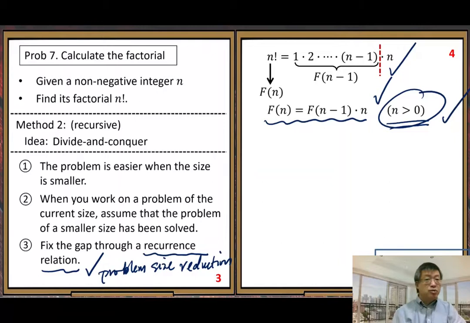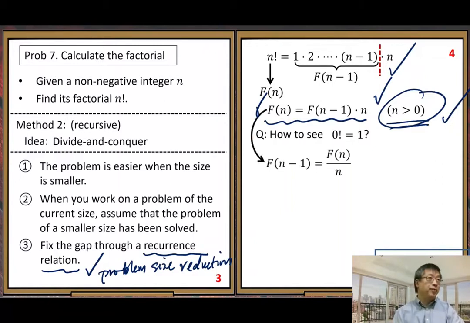At this point, we are ready to understand why 0 factorial equals 1. We can justify it. How to justify? Very simple. We use this recurrence relation, and do an equivalent transformation.